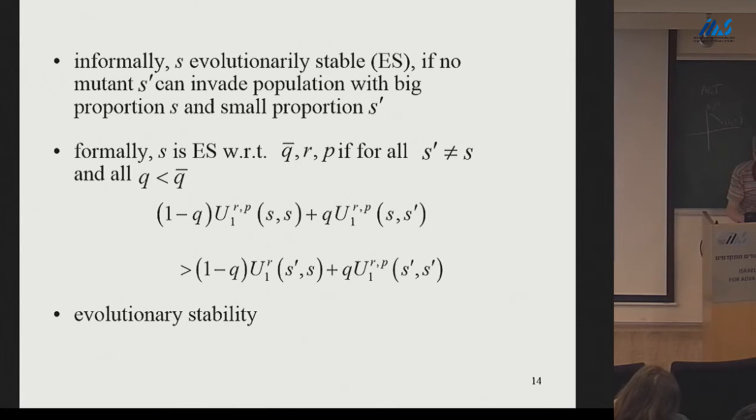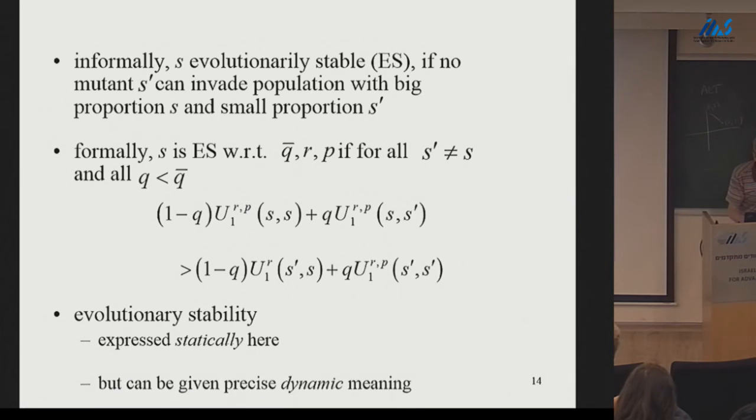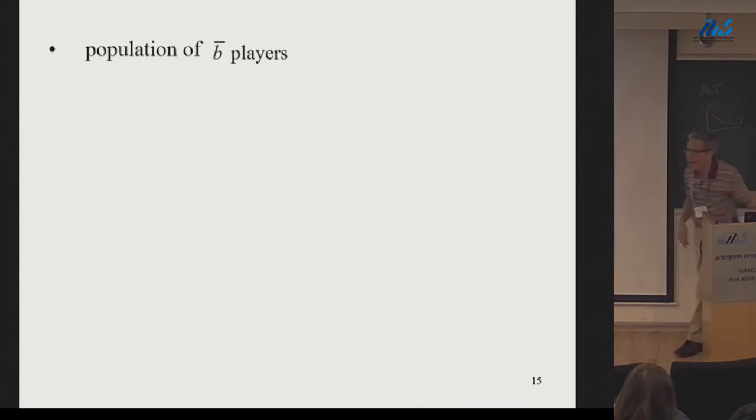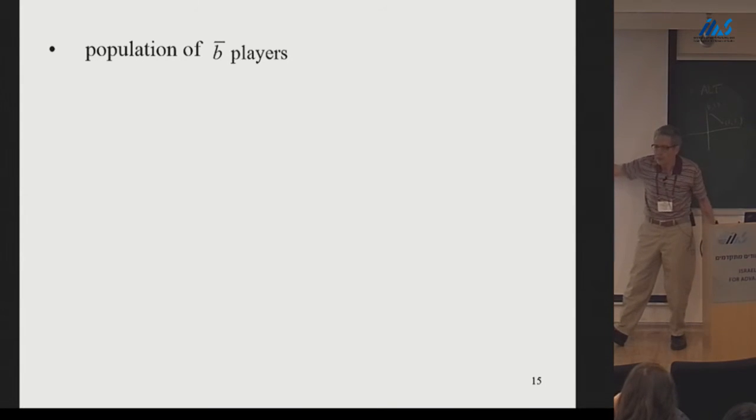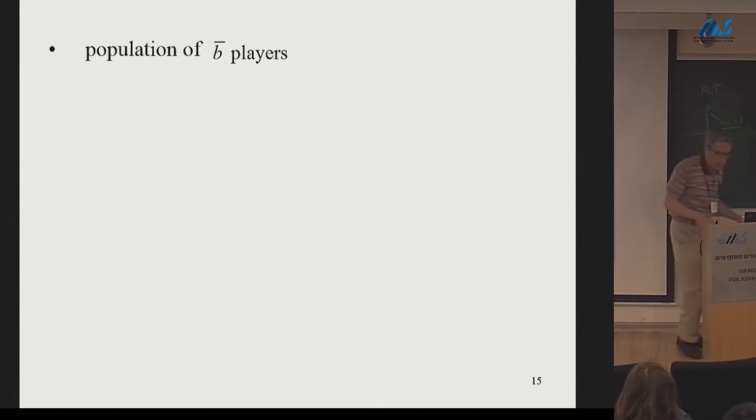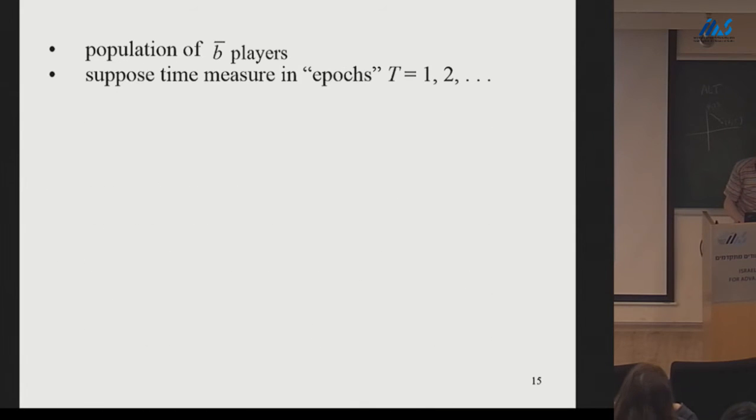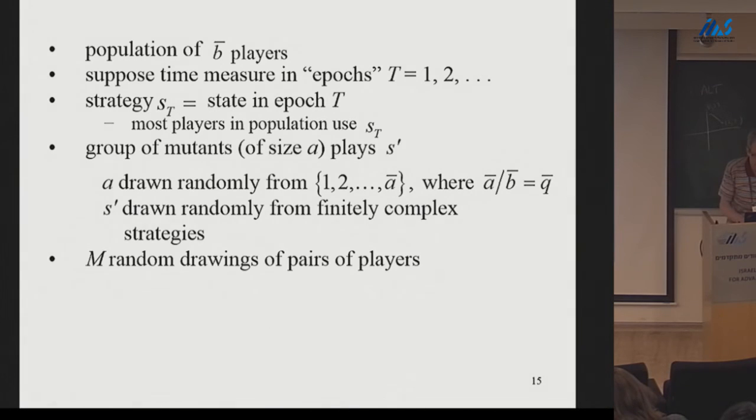I think I will refrain from spending time on the dynamical process, except to say that there are dynamical processes which give rise to exactly the concept that I showed you of evolutionary stability. And if you want to see one of them, it's on the slides, but I'm going to skip over those slides now.